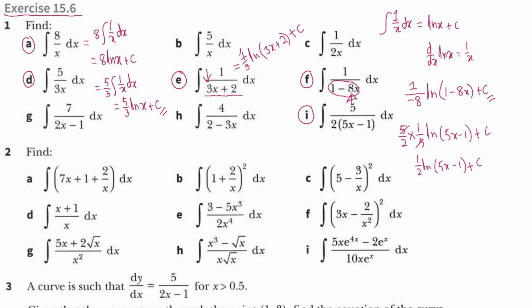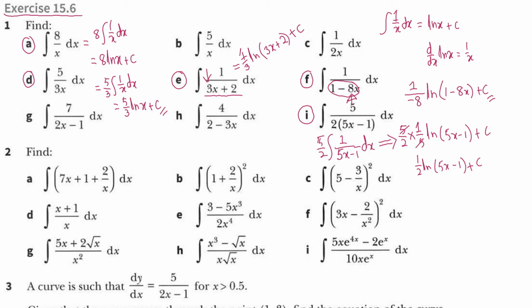This is our integration for question number I, because we can split it like this: first write 5 by 2 outside, then 1 by 5x minus 1, then dx. Then 5 by 2 as a constant, the coefficient of x we wrote as 1 by 5, then the other part ln of something. So that is the total working for question number 1.